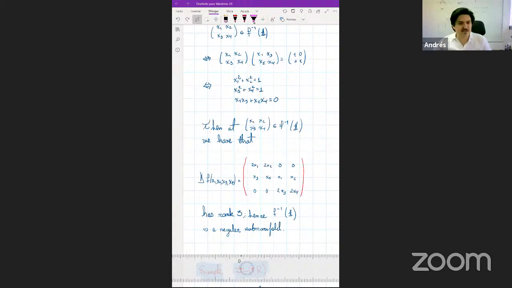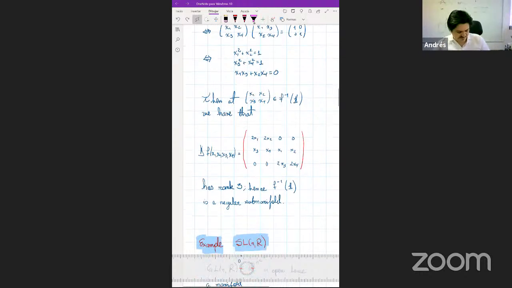Now let's see another example, SL(n,R). Right? This is the set of all n by n matrices whose determinant is 1.